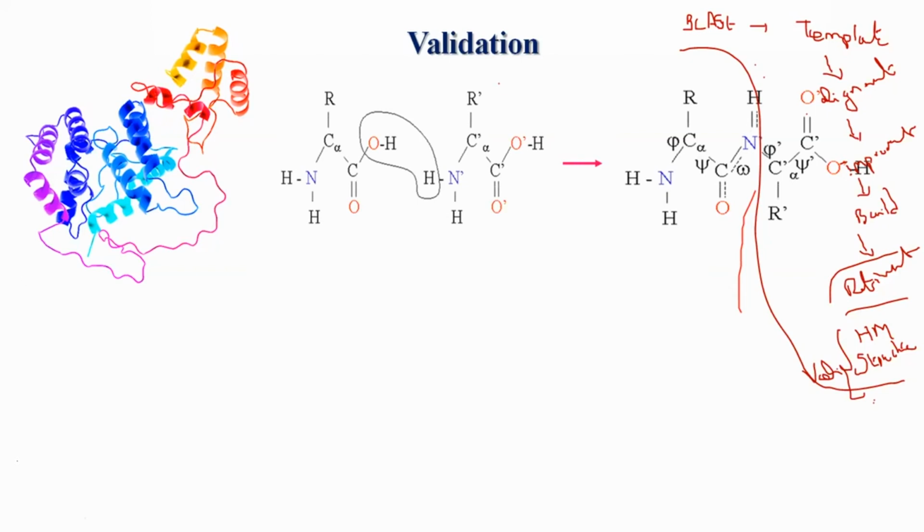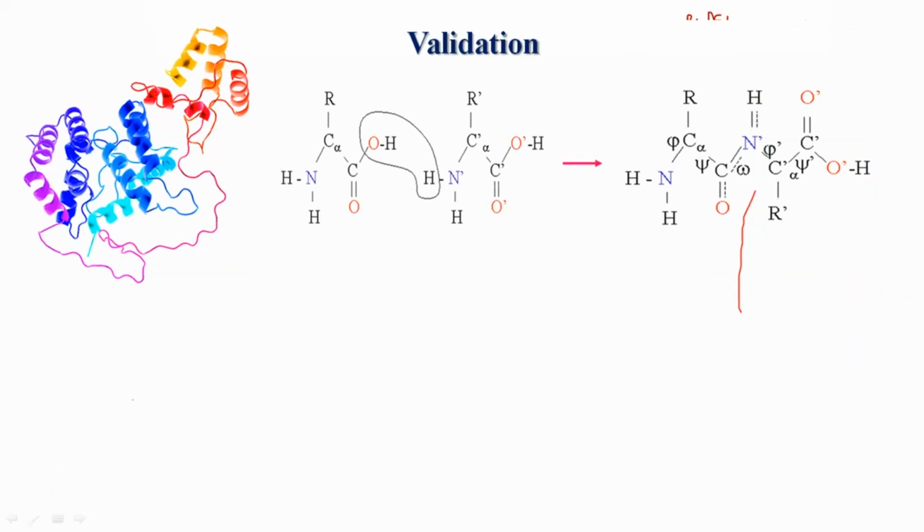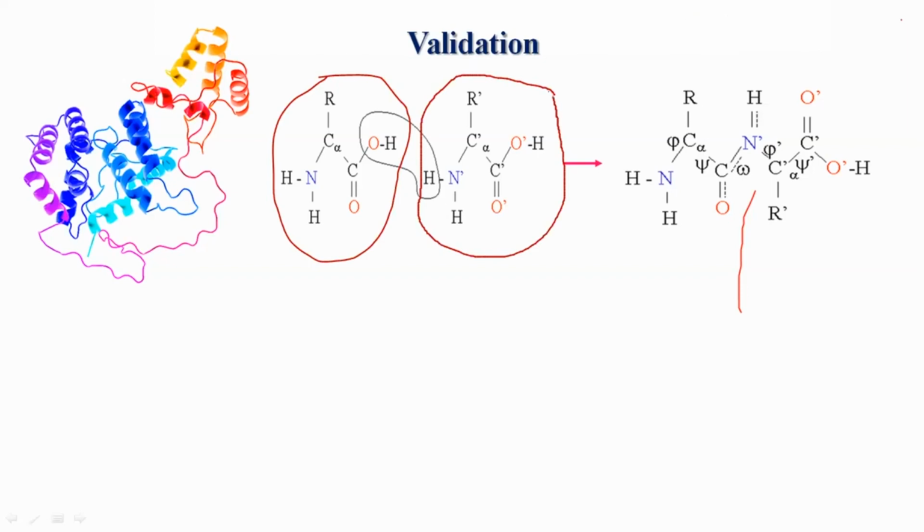Okay, I'll clear this. This is the basic peptide bond, the CONH bond. This is one amino acid and this circle is another amino acid.